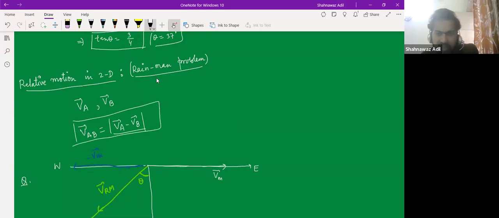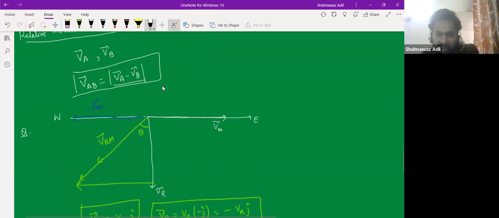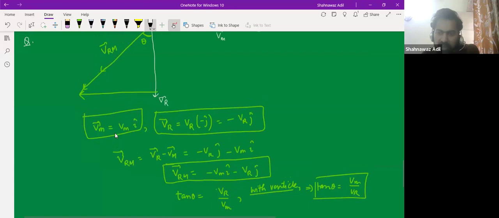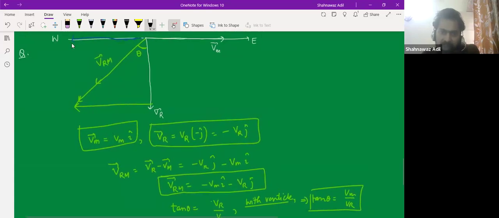So whenever you have a rain-man problem, you have to just use this relative motion. Just note down this part, and then I will talk about river crossing, and then we will do some questions.